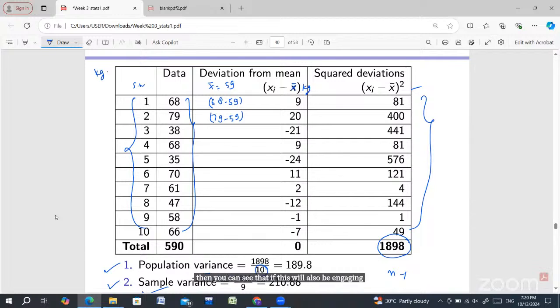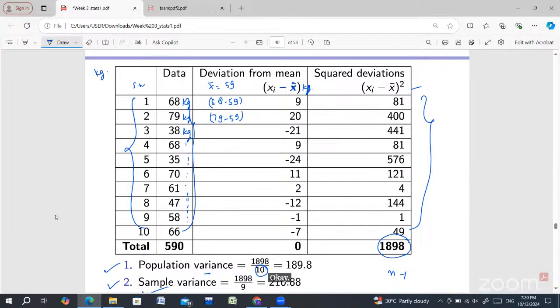So these 68 kg, 79 kg, and 38 kg, all these data points have the unit kilogram. And if you are subtracting a constant from it, then this will also be in kilogram. Is it clear? Yes.